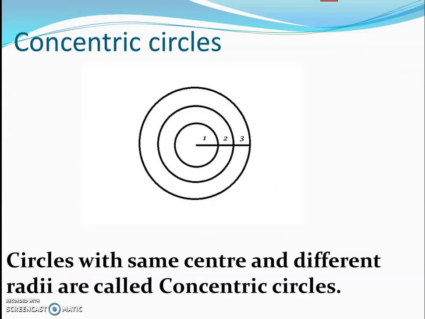That's all for today, children. And one more thing is concentric circles. Concentric circles are circles with the same center but different radii. Say this is 2 centimeter, this is 4 centimeter, and this is 6 centimeter. With 2 centimeter, you keep the metal tip over here and make a circle.